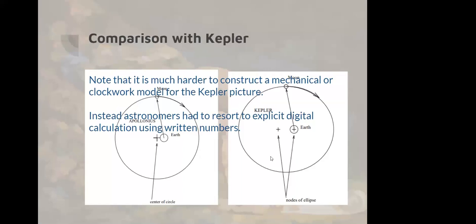Now, because that wasn't practical, astronomers had to resort to explicit digital calculation using written numbers. And when you use explicit digital calculation, the physical dependence, the physical correlation between the model and the thing being modeled becomes less apparent.